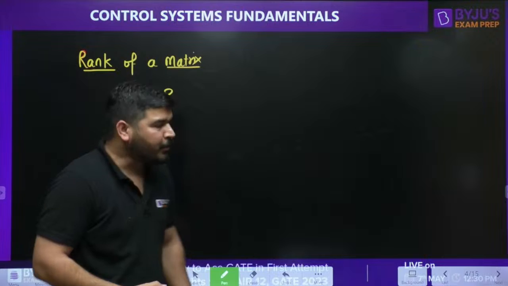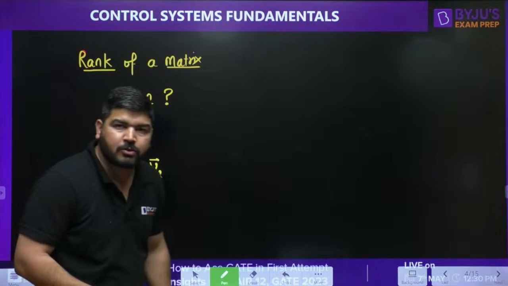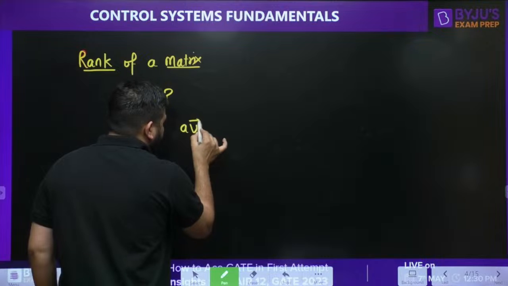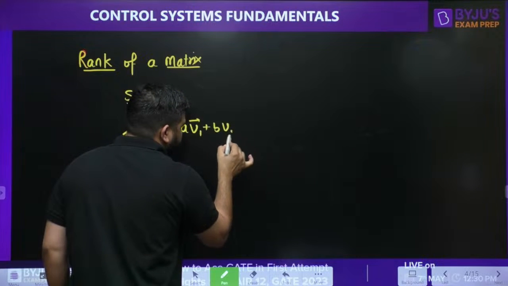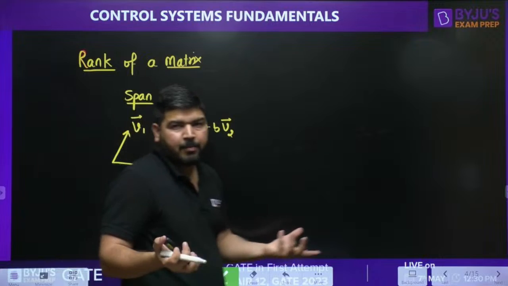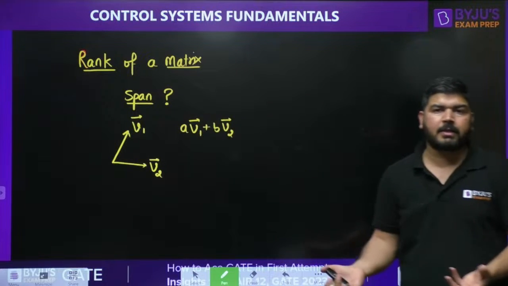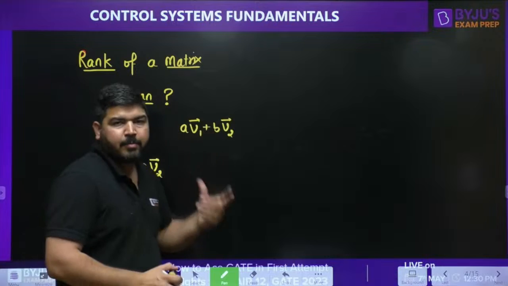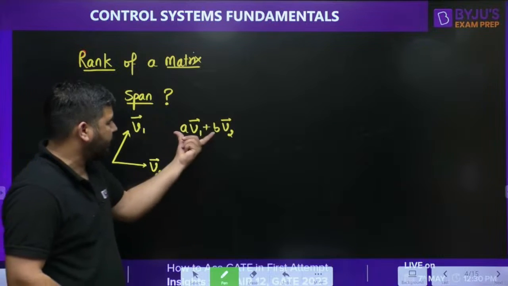Now if you take a linear combination of these two vectors, let's say a v1 plus b v2, where a and b are constants, they can be positive, negative, fractional, integer. It's your choice, whatever value of a and b you want to select.